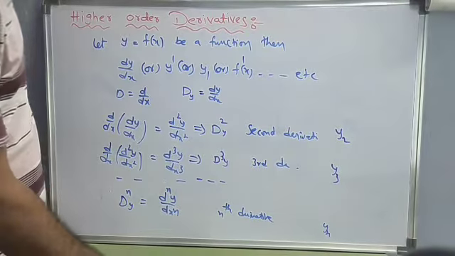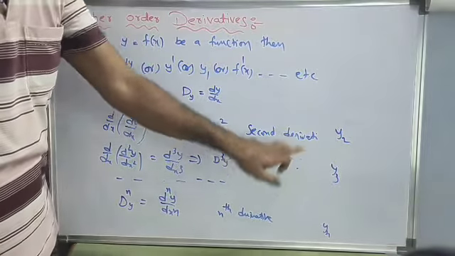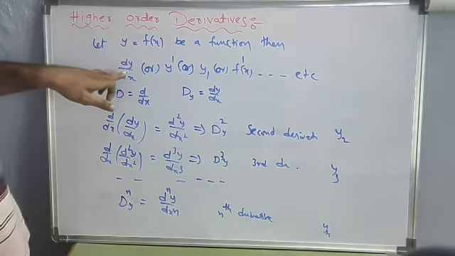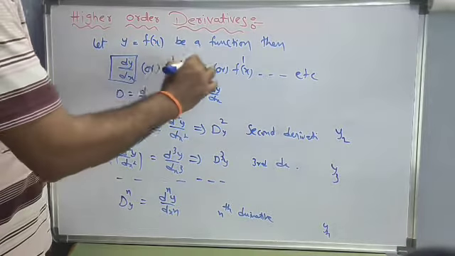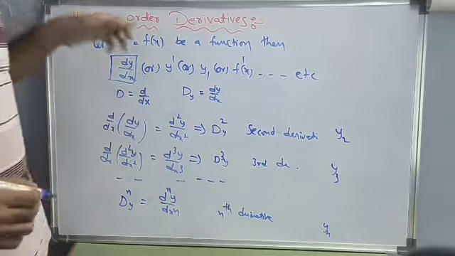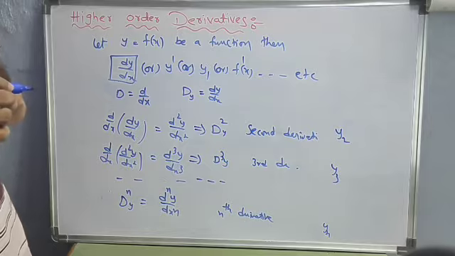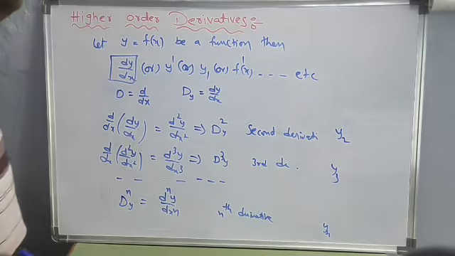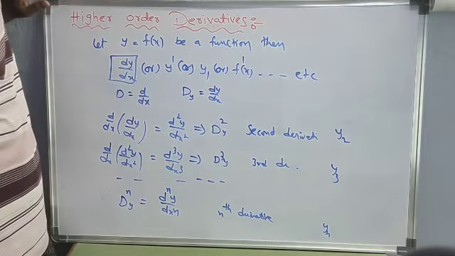These are all called higher order differentiations. The first order is already denoted by dy by dx, y dash, etc. From second order, third order onward, these are all higher order derivatives of the function y. Understand?